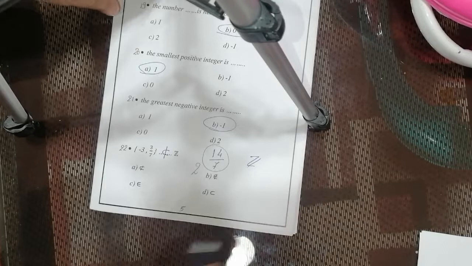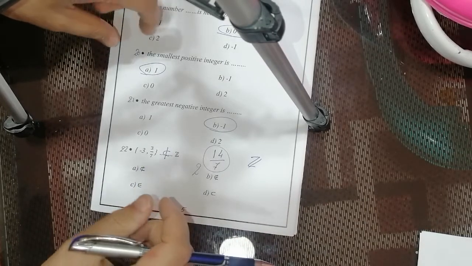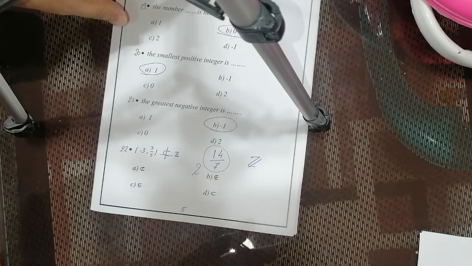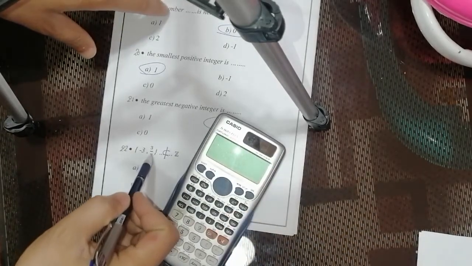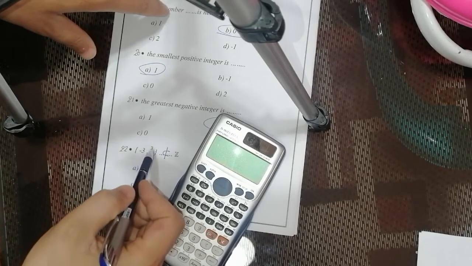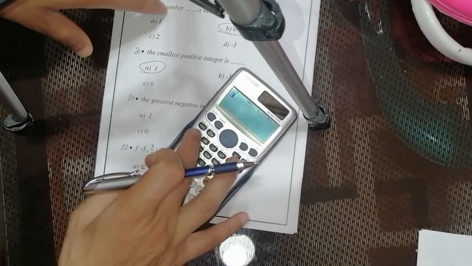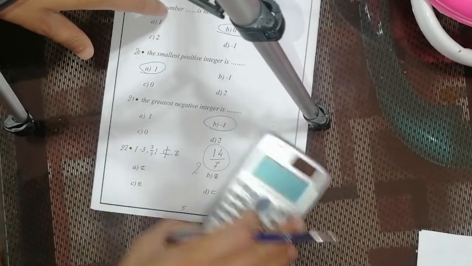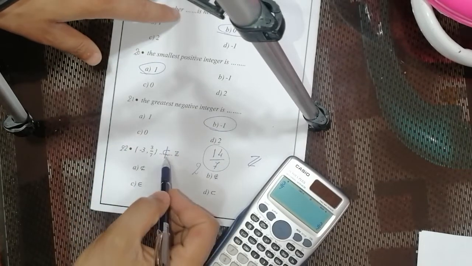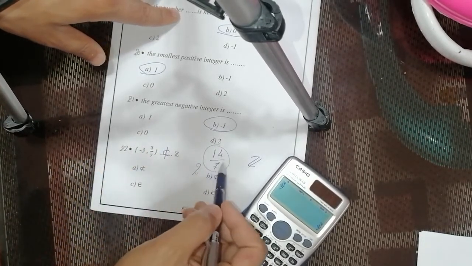Okay. We have here -3 and 3/7. We have a small trick here. When we have a fraction in the set, we must write it first in the calculator. It will be a fraction here, then this fraction is not a subset, because we have 14 over 7.